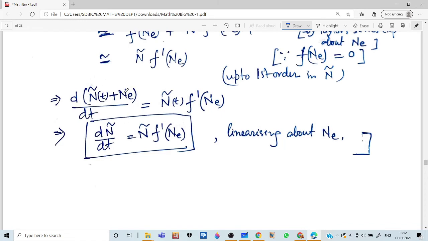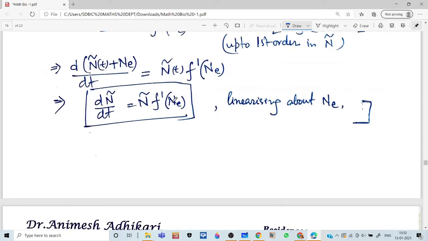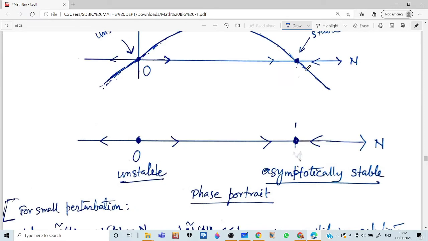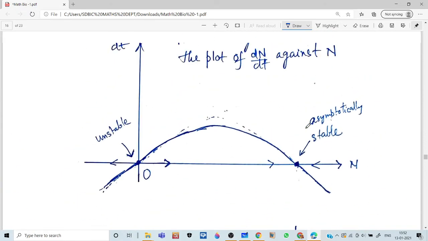This is the linearization. So at the point k it is asymptotically stable.